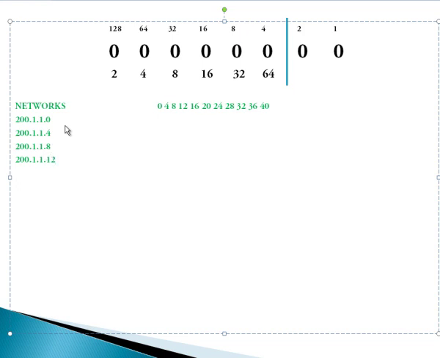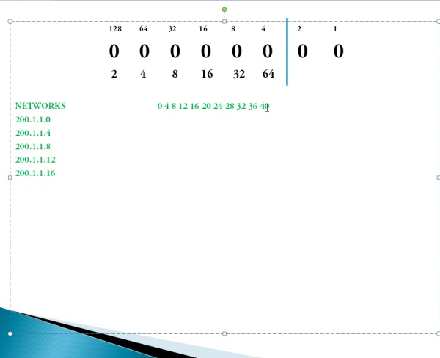Okay, the next one is 200.1.1.16, and so on. As I show you here, it is incremented by 4: 0, 4, 8, 12, 16, 20, 24, 28, 32, 36, 40.